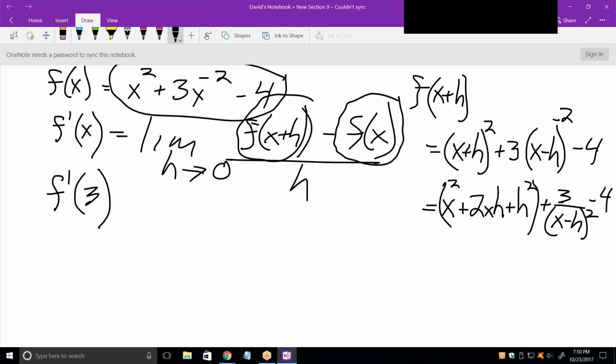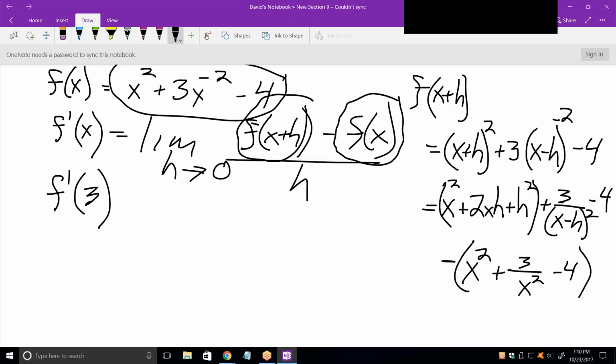And then I'm subtracting from that the quantity f of x. In other words, what I just wrote was f of x plus h. So to subtract f of x, and notice the parentheses. I need those parentheses. If I don't have them, I'm going to get the sign wrong because this negative sign has to be applied to all three terms.